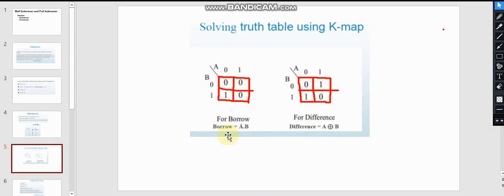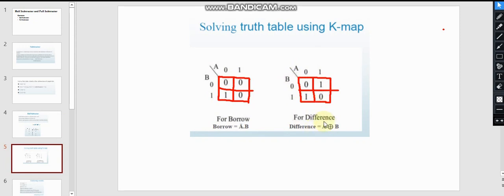The borrow is equal to the product of the complement of a and b, and the difference we can see here is the exclusive OR of inputs A and B.